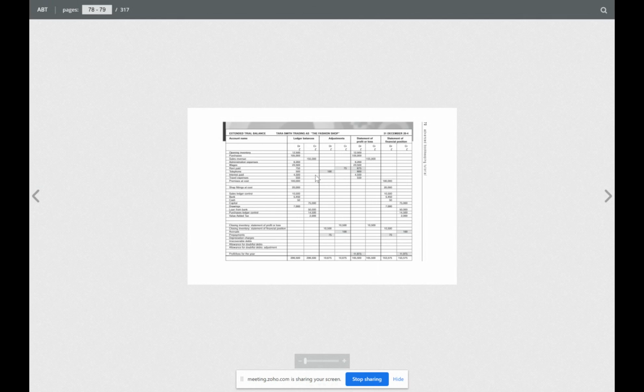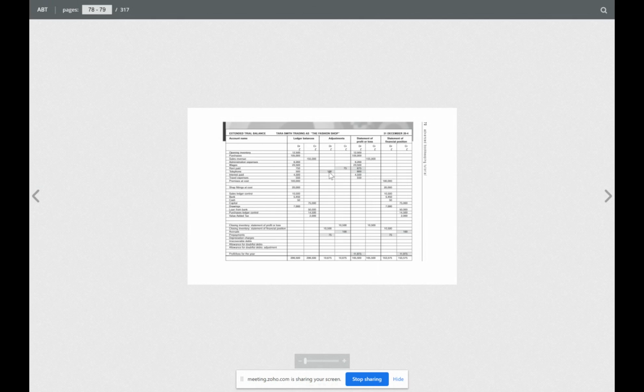Another adjustment shown in this example is 100 pound debit to the telephone expense. It means this is the accrued expense. 100 pound has not yet been paid, so we have to add this. This side is debit, this side is debit, so it goes 600 in the profit or loss account. Before making the statement of financial position, first of all, we sort out the adjustments.